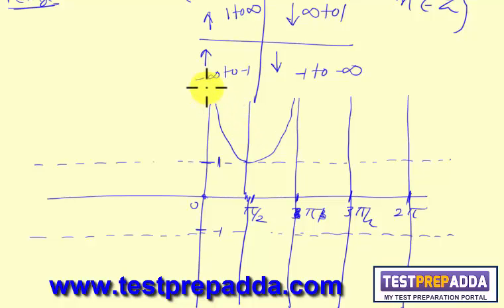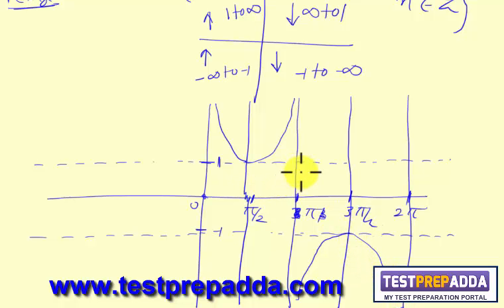Then third quadrant, minus infinity to minus 1, it will look like this. Now, in the fourth quadrant, decreases from minus 1 to minus infinity. It will look like this.